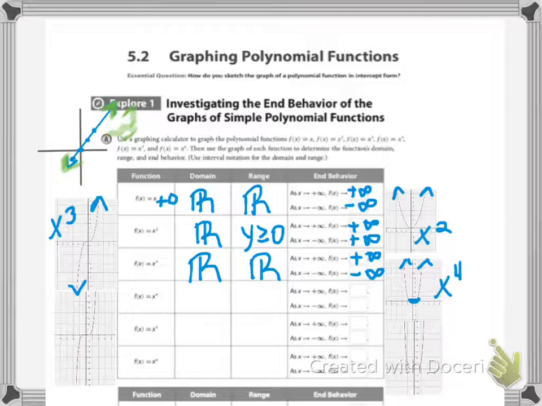And so that's flattening out there. But otherwise, the characteristics are just the same as the quadratic graph. So the domain is all real numbers, the range is y is greater than or equal to 0, and the ends both go up. So the end behavior is both towards positive infinity.